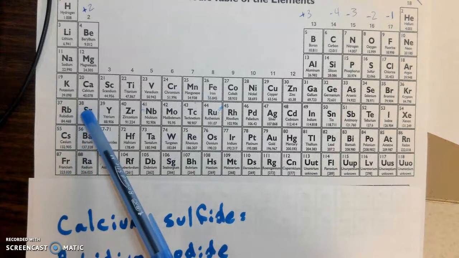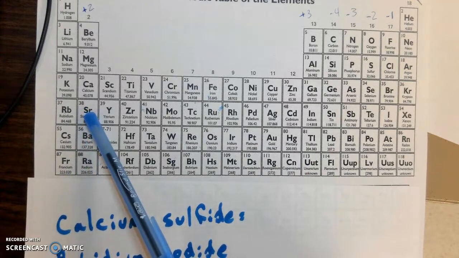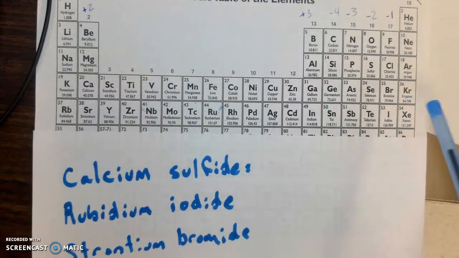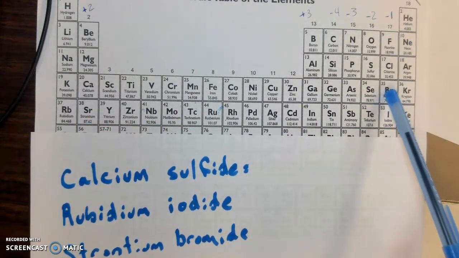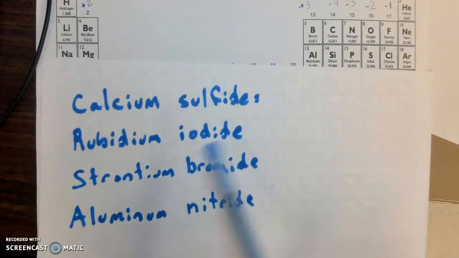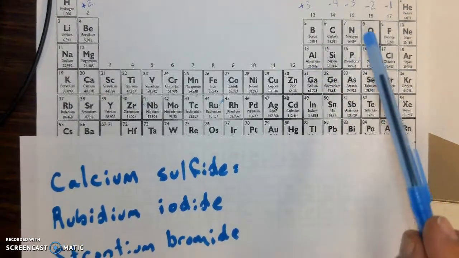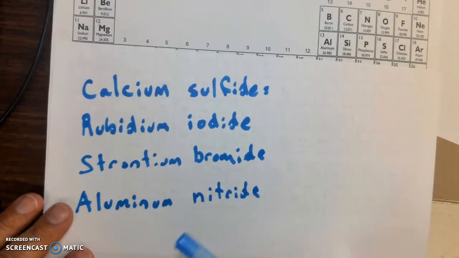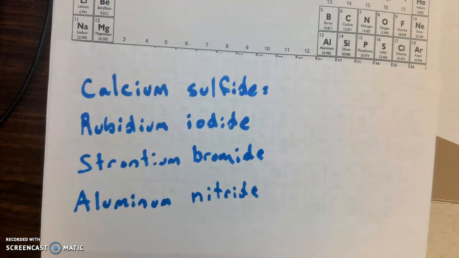Strontium is here. Bromine is here. Aluminum is here. Nitrogen is here. Okay, so put the charges over the top and see what you get. Almost out of time. Pause it, see if you can beat me to the punch.